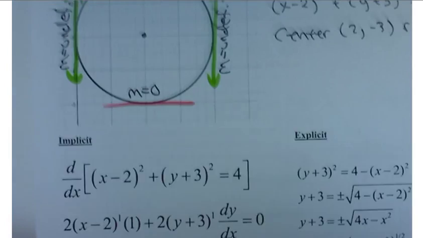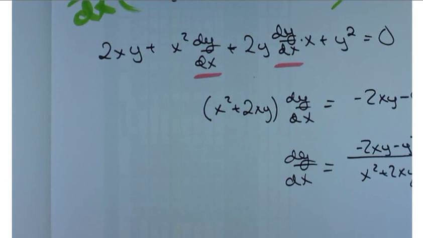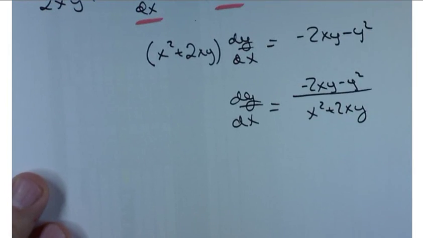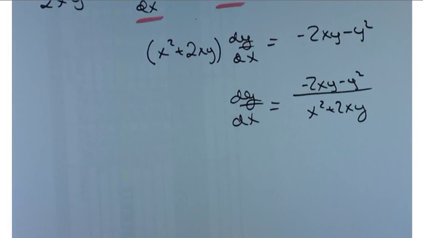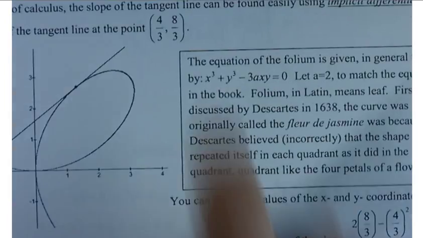Any more follow-up on problem 24? Are we okay with 24? All right, so let's try some more here. Let's revisit the folium of Descartes. So let's go back to the other side of our handout. And we're going to see if we can find the slope of the tangent line at this point.